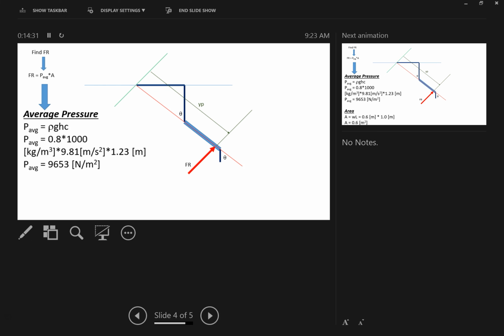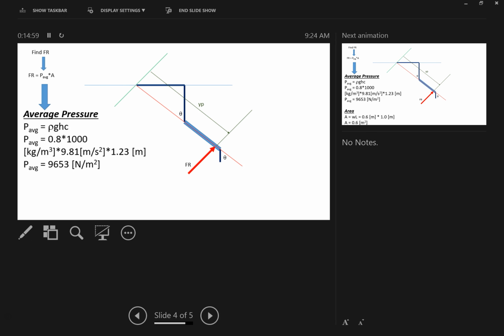Should have made that a subscript. Sorry. And then what I did here, this goes on to the next line, just to save some space. So your density is your SG times density of water, which is 1,000, times gravity, which is 9.81, and then I multiplied by our HC that we found. So this whole equation is one line right here.